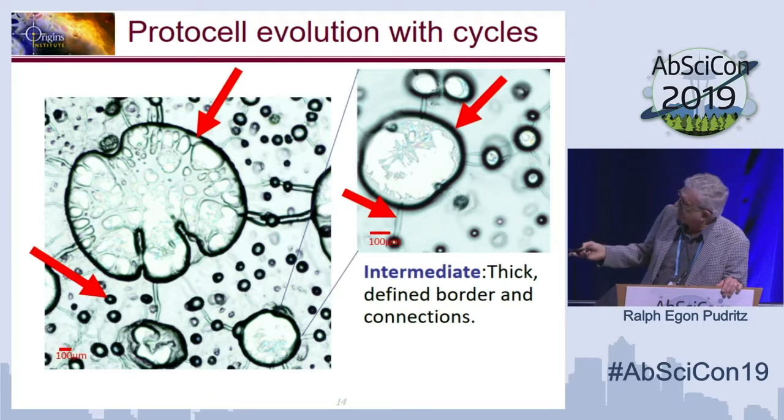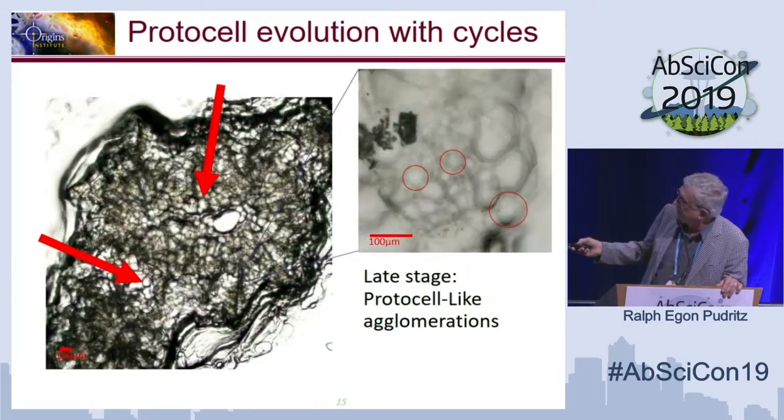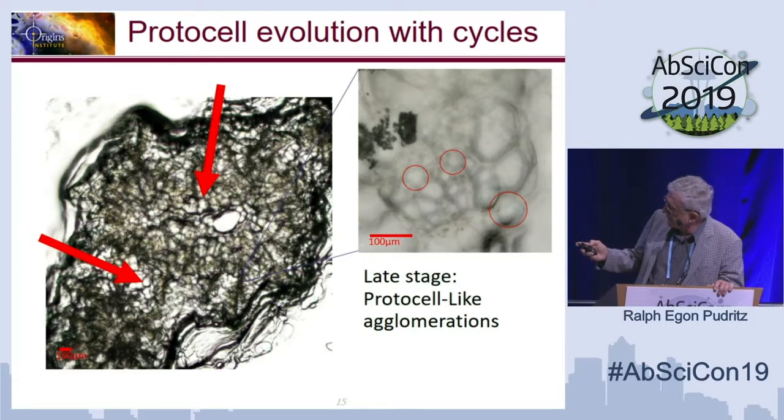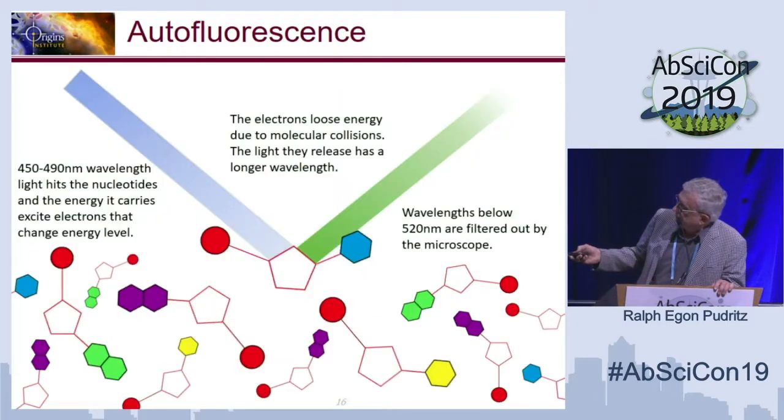The walls get thicker, and I'll show you where the nucleotides are in a moment. In the final phase, we now get a morass of quite complicated structures. These larger ones have broken up. You have these vesicle-like structures, about 50 microns or so, as David Deamer and others have found in their experiments.